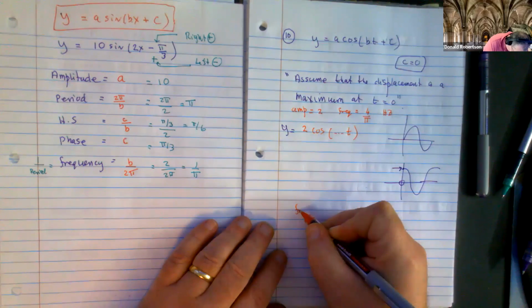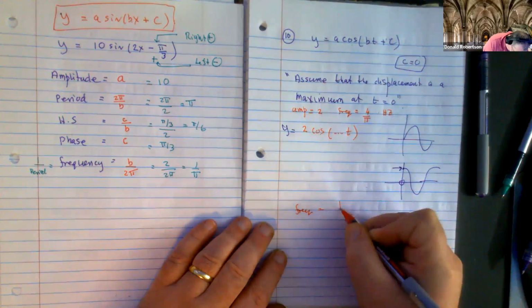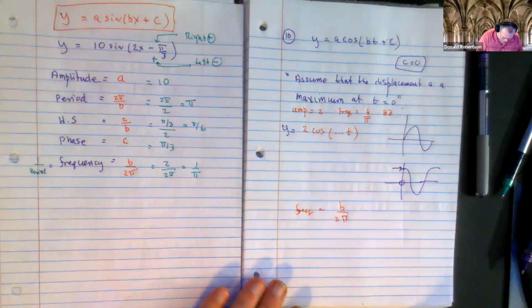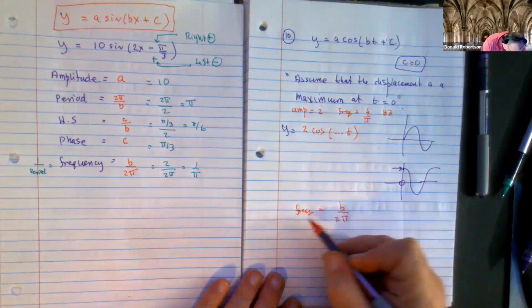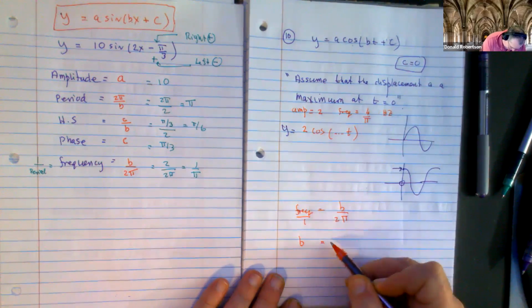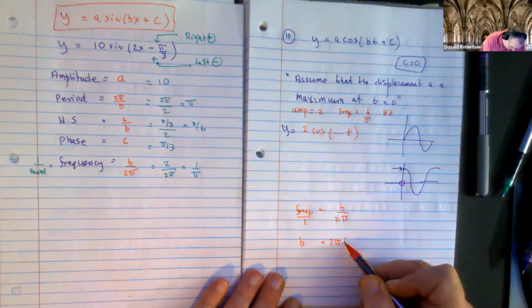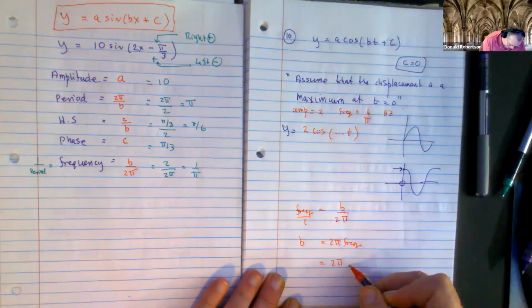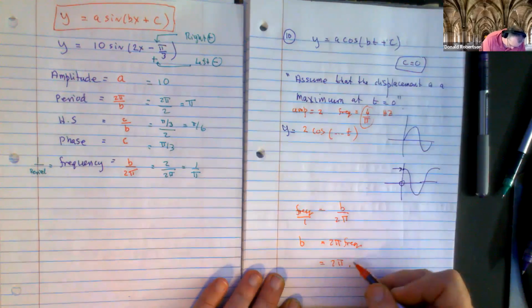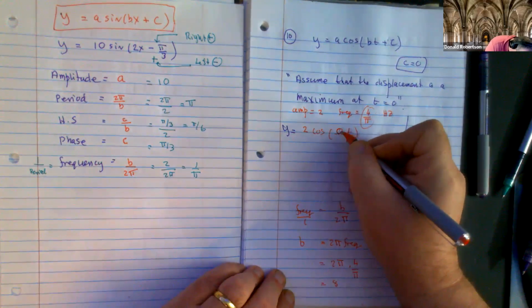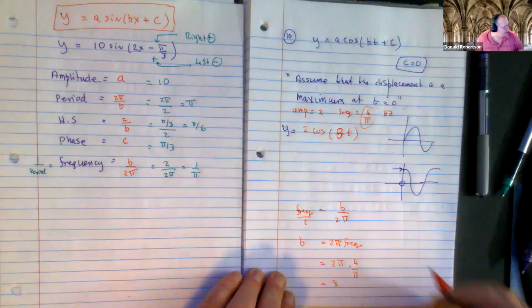The frequency is B divided by 2 pi, and I want to know B. If you rearrange this formula, B is 2 pi times the frequency. So it's going to be 2 pi times the frequency, and that ends up being 8. And that's how I figured that that was 8.